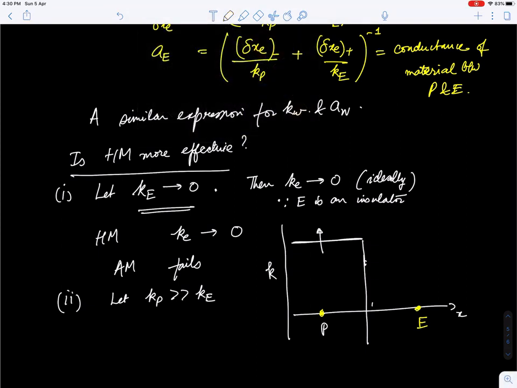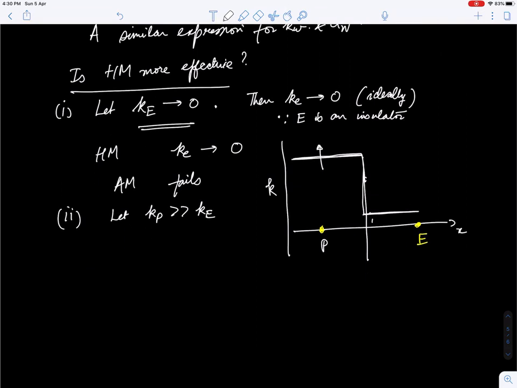So the conductivity is changing from a large value to maybe a finite value. In this case, what would we expect?